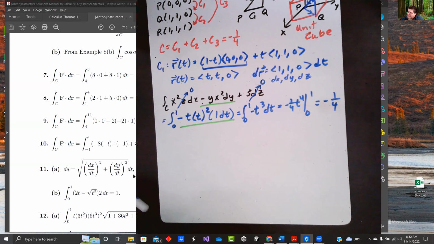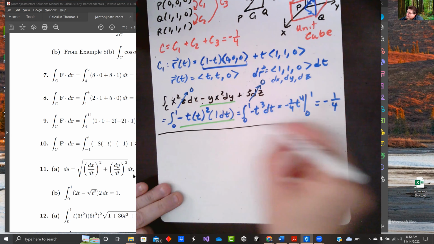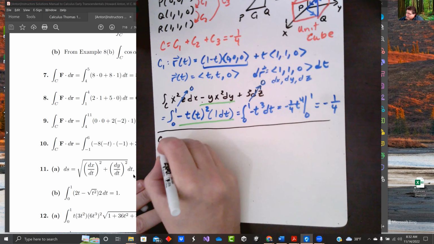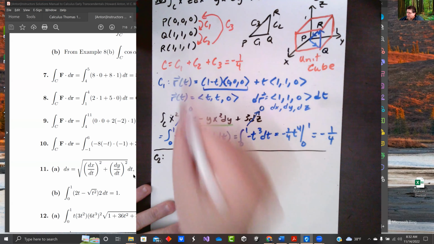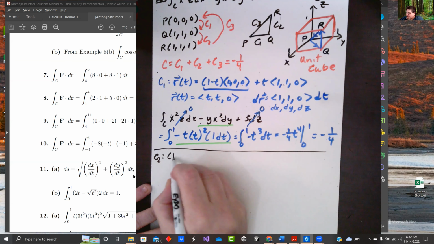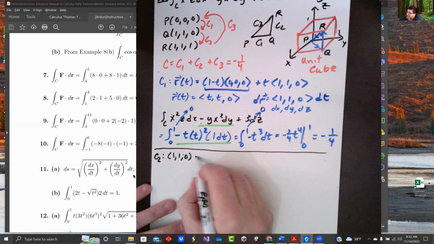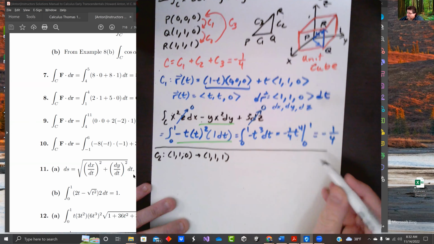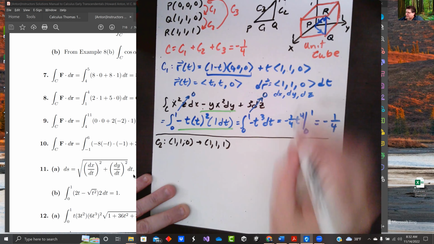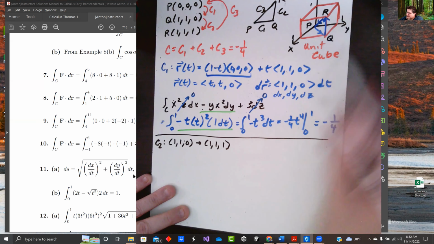So let's put a little line in and look at curve 2. Curve 2, we're going from 110 to 111. It looks like the only motion is in the z direction.